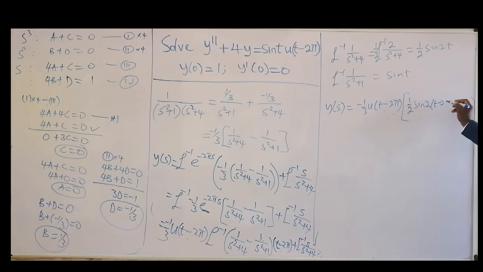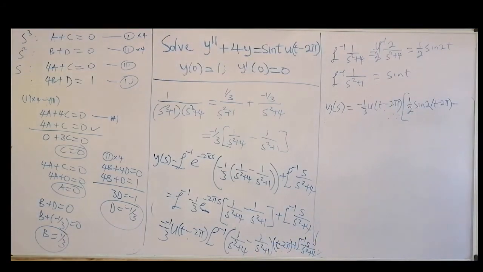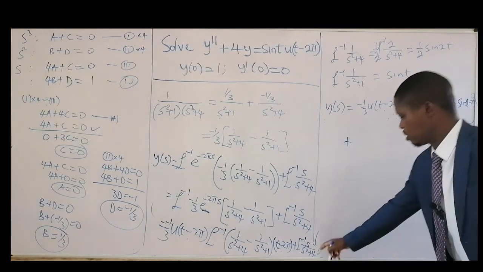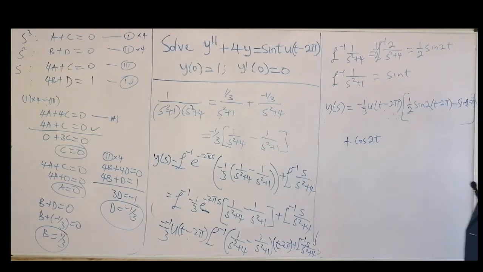Then the second one, minus sine t, the inverse of 1 over s squared plus 1. So that's sine t, and anywhere you see your t, you put t minus 2 pi also there. So you can close your bracket. Then finally plus the last one, which is cos 2t. So that's the answer.